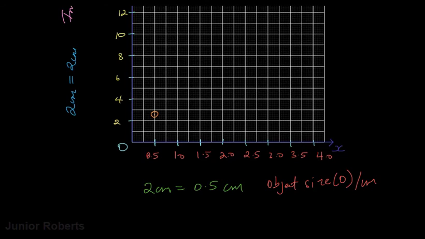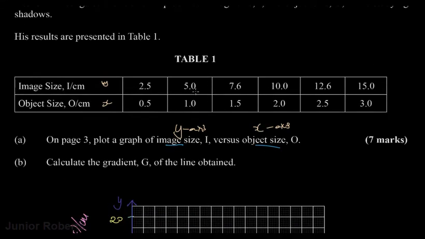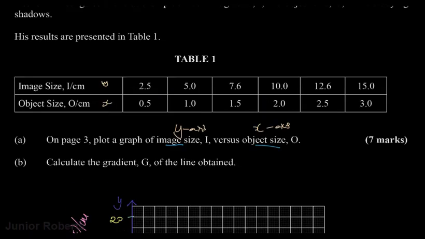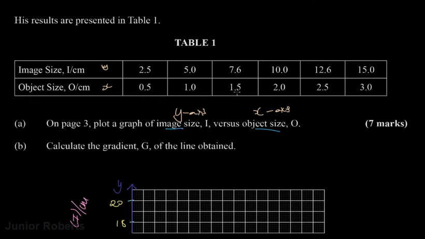We're going to use a dot with a circle. Our next point, we have 5 corresponding to 1.0. We have 6 right here, 4, so 5 will be right here, and that corresponds to 1.0. And we circle. Now if we continue, we have 7.6 corresponding to 1.5.